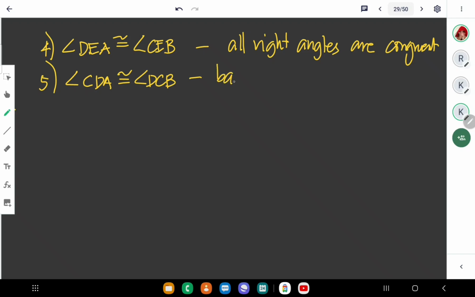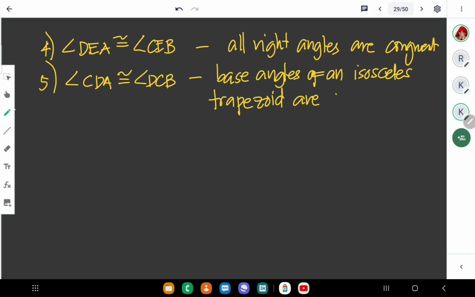Our reason would be base angles of an isosceles trapezoid are congruent.